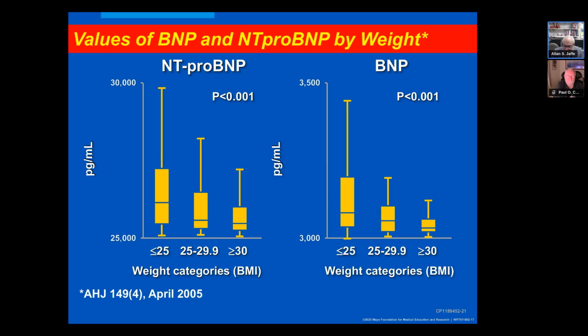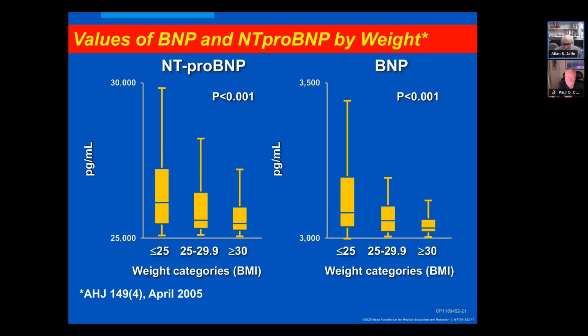In addition, we all know that there is a relationship between these values and weight and BMI, with higher BMIs being associated with lower values. So one could mask heart failure and miss it because of weight, which is commonly a problem in diabetics.